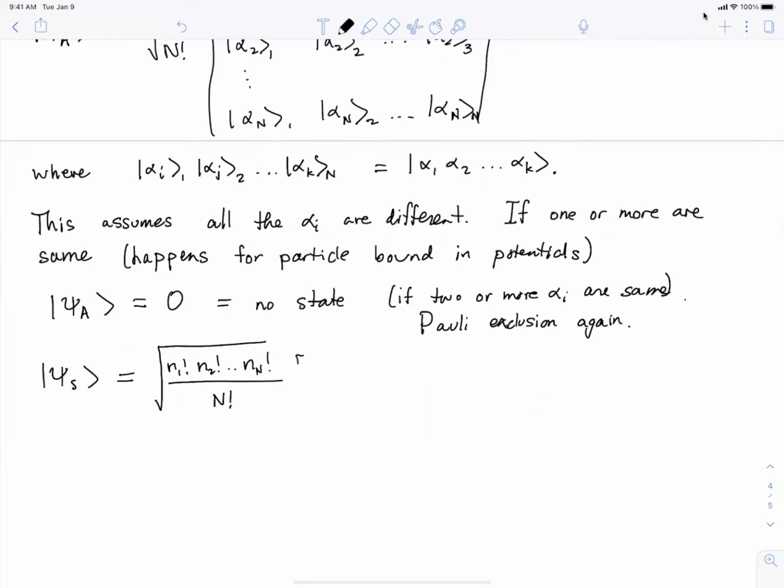Okay, and now I write down my first ket, for example, and then I write down all pair exchanges or permutations of that ket, but you remove all the redundancies. So all permutations with redundancies removed. And there will be redundancies if the alphas are the same.